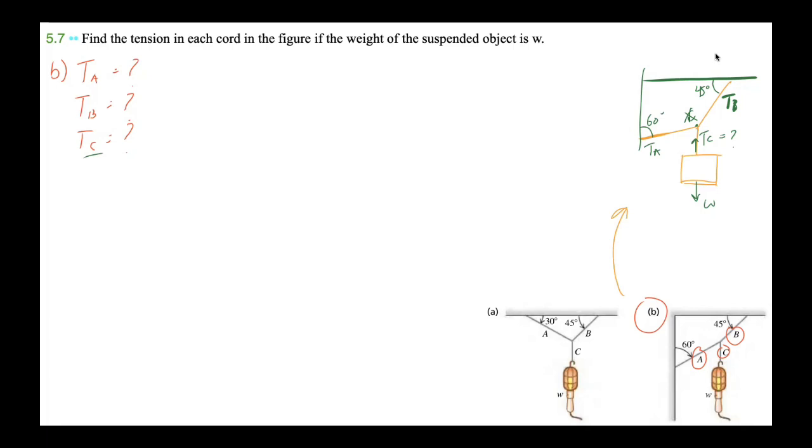The reason I did that, it still stands that this is going to be the y component, and this is going to be the x component, and then this is going to be the y component, and this is going to be the x component. And then this is going to be just the y component of TC.